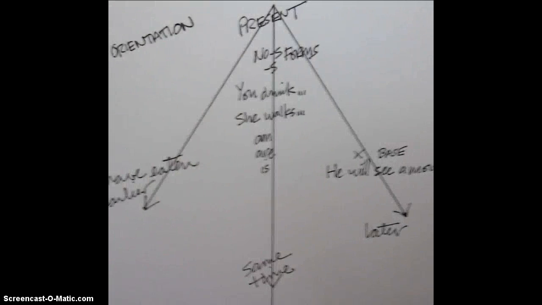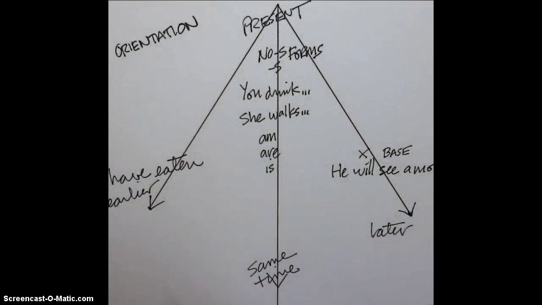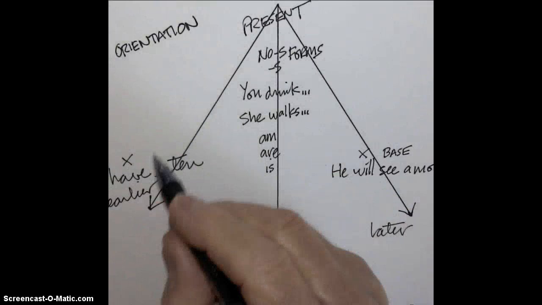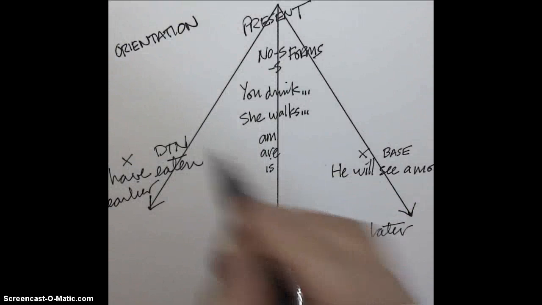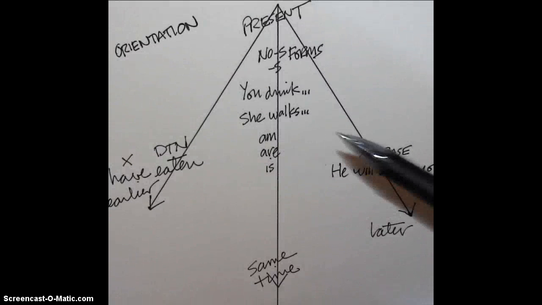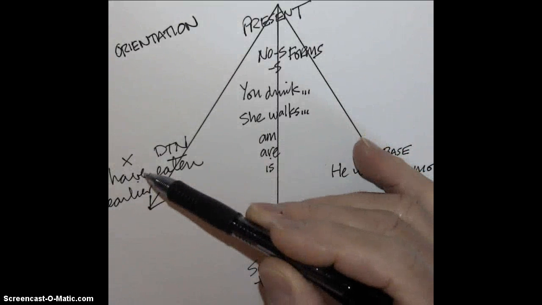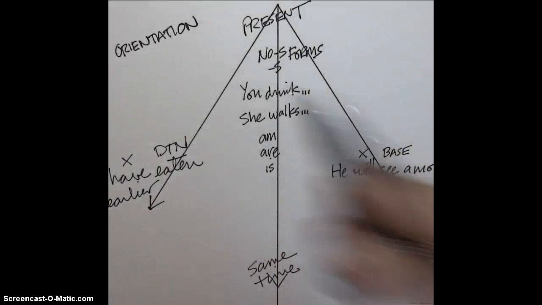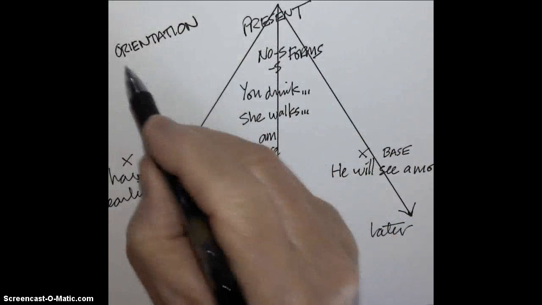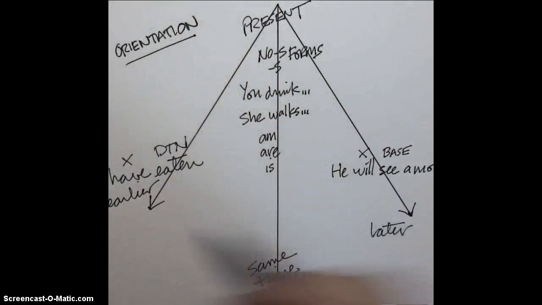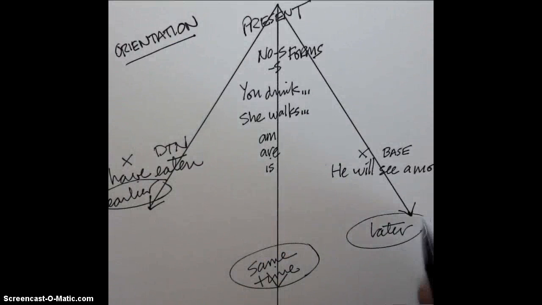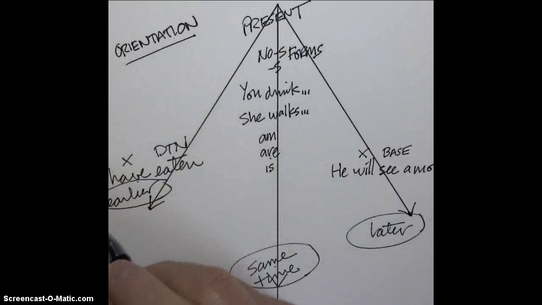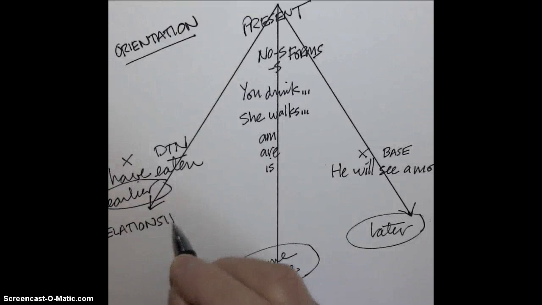So what we're doing now is we're using the X word have together with the DTN form, and that shows us that the action is earlier, that's the have, and then it's finished with DTN. So we have present as an orientation, and this idea of earlier, same time, and later we can call the relationship of the action to the time we're talking about.